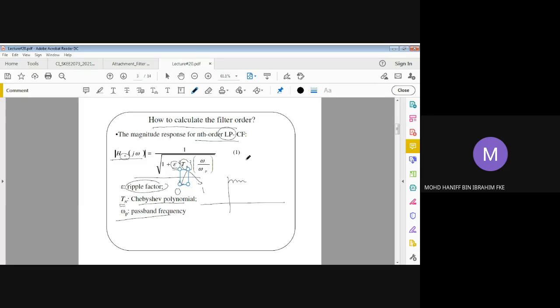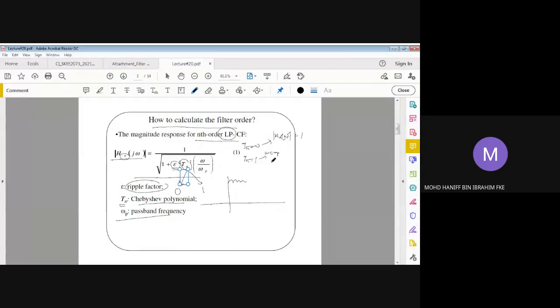If Tn equals 0, the amplitude of H(j omega) shall equal 1. And if Tn equals 1, in this particular case we assume that omega equals omega p.